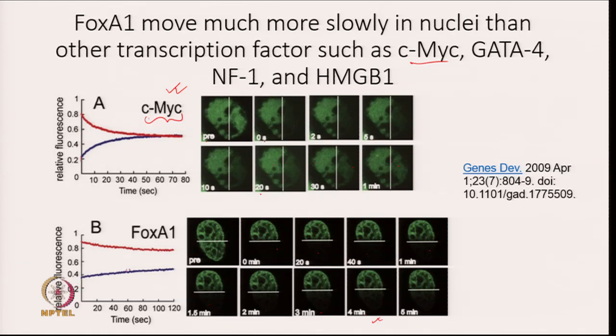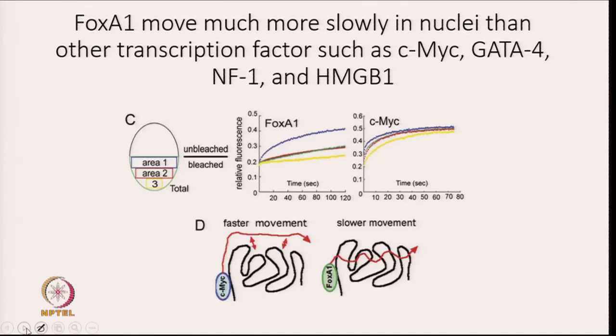and here you can see the increase is very slow. So, for FOXA1 the increase is very slow, whereas for c-Myc the increase is very fast. What does that mean? FOXA1 moves much more slowly in nuclei than c-Myc. So, this tells you that there is a faster movement of c-Myc compared to FOXA1, which is undergoing slow movement.